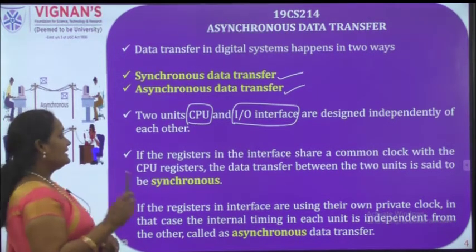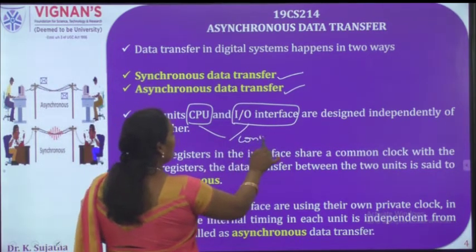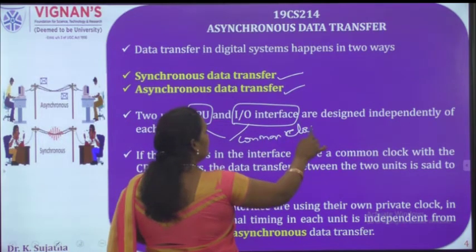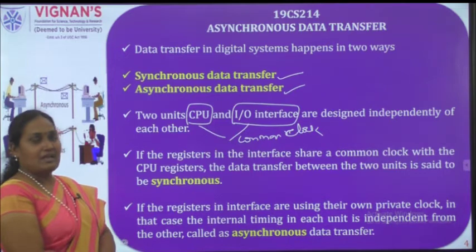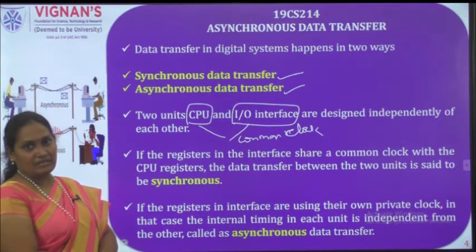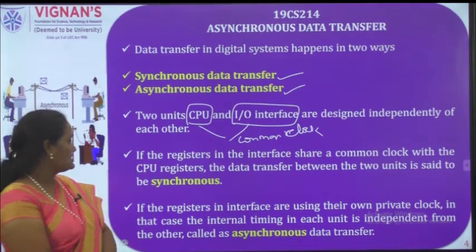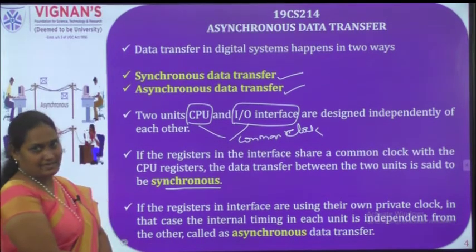That is, if there is a common clock for all the registers in CPU as well as I/O interface, then all those registers work under common clock. So, the data transfers among all these registers will happen synchronously. So, this data transfer is called synchronous data transfer.